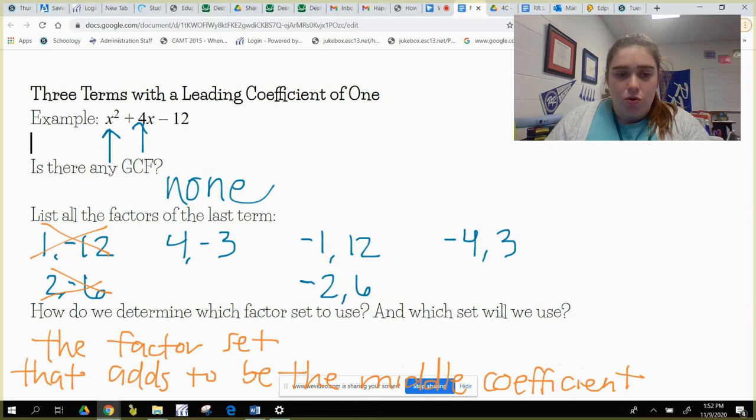Okay, 4 minus 3, that's just going to be 1, so not that one either. Negative 1 plus 12, that's going to be positive 11, still not that. Okay, and then negative 2 plus 6, that is positive 4, so let's box that one in and check the last one. Negative 4 plus 3, that's negative 1, so not that one. So the set that we're going to be using is that negative 2 and 6.